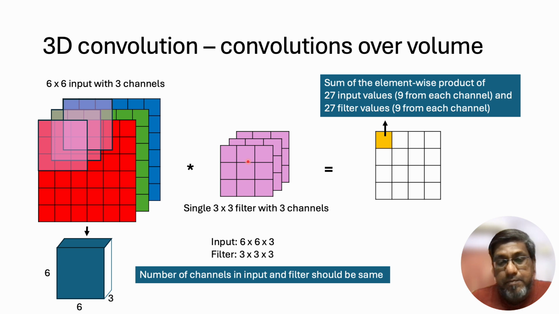And those 9 plus 9 plus 9, which is 27 values, are all added together to get the first pixel value of the output. And what we do next is we slide this window to the right by 1 pixel.